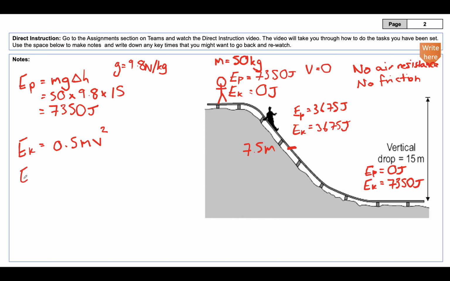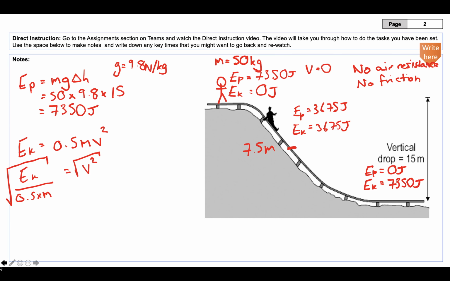So I'll bring both of these down to the bottom on the other side. That will give me kinetic energy over 0.5 times the mass equals v squared. And my problem is I don't want v squared, I actually just want the speed. So I need to square root both sides. And if I square root both sides, that allows me to get rid of this squared.